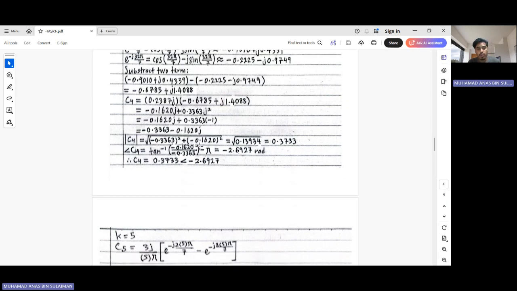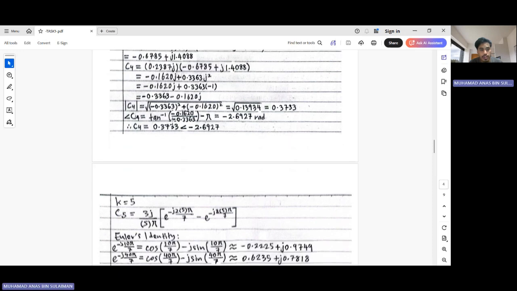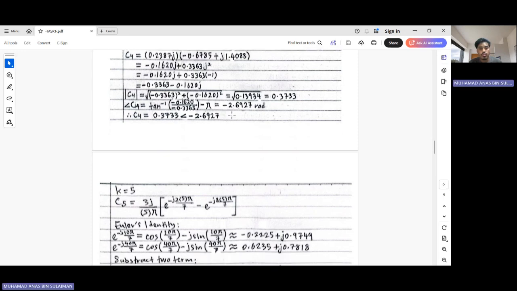So to find the magnitude value, we must include this negative 1 on both sides and we get 0.373. But the critical part here is the phase angle, where the value must be subtracted with pi because of the quadrant. So we get negative 2.6927 radian.